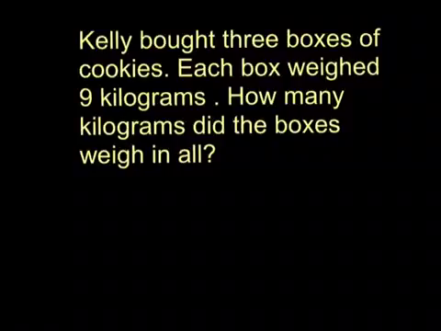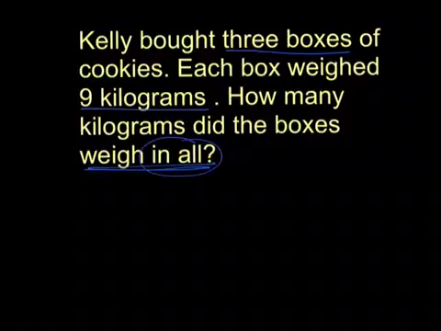Okay, if we read this problem, it says Kelly bought 3 boxes of cookies. Each box weighed 9 kilograms. It says how many kilograms did the boxes weigh in all? And you have to be kind of tricky because you see this in all, and it immediately makes me think I need to add. But if I add 3 plus 9, I'm not going to get the right answer.